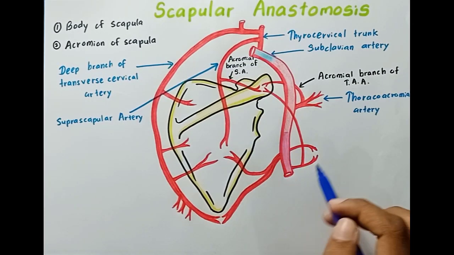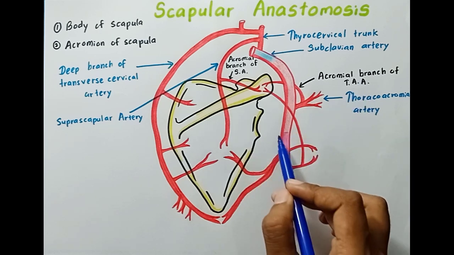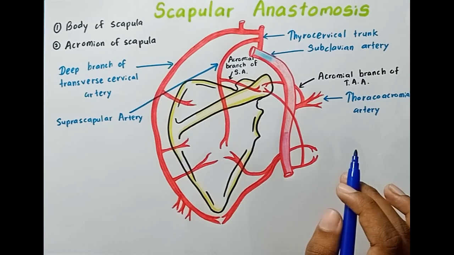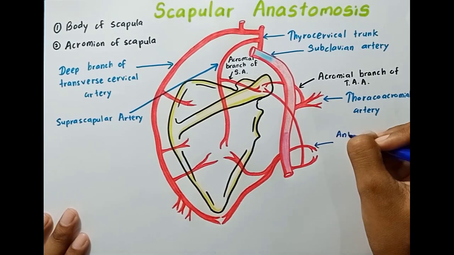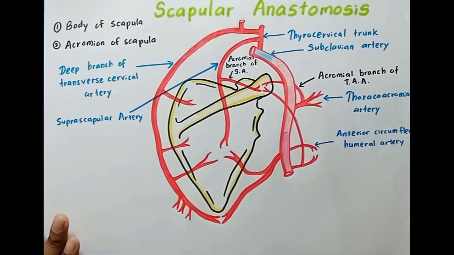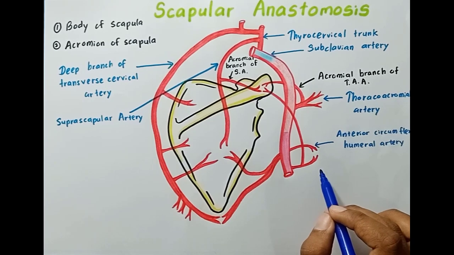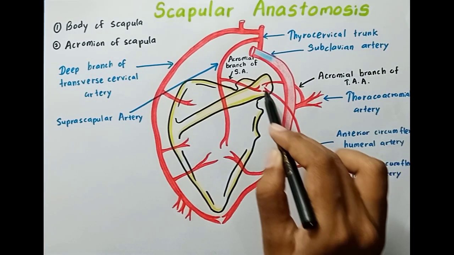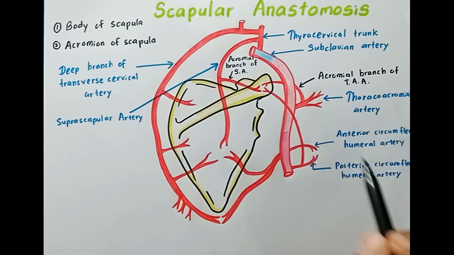And these are the branches arise from the third part of the axillary artery. This one is the anterior circumflex humeral artery. And this is the posterior circumflex humeral artery. So here you can see the acromial branch of posterior circumflex humeral artery.